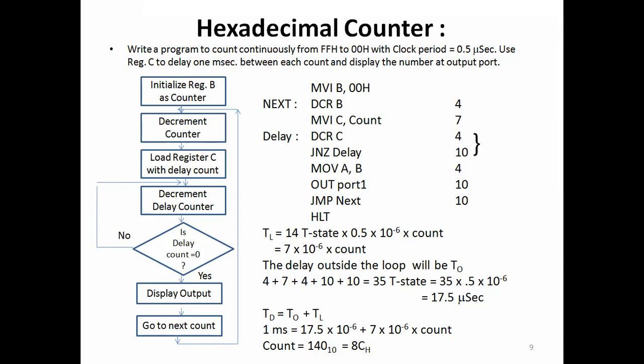The problem says that you have to display a hexadecimal number on the LED display screen, which is connected at the output port, and at a particular time that LED display should display FF, and after 1 millisecond delay, it should display FE.